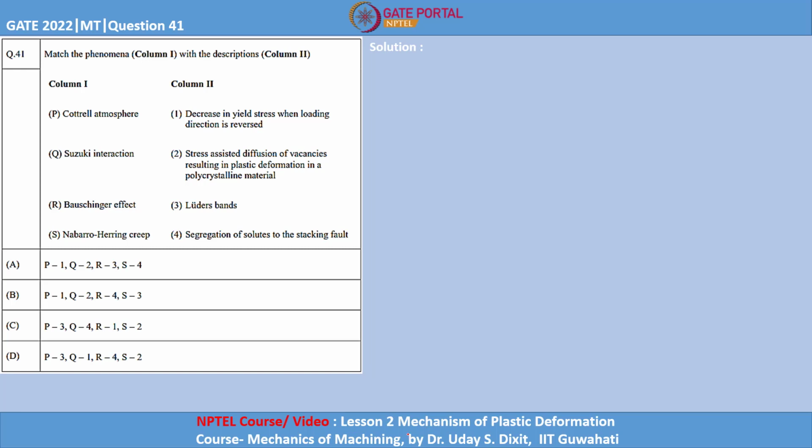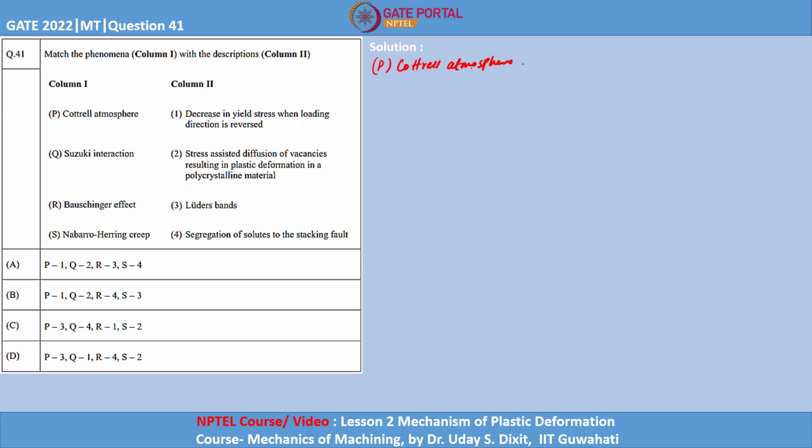So now let us go one by one from column 1, and then we will finally match the right explanation in column 2. The first term mentioned here is Cottrell atmosphere. Let us understand when this type of atmosphere is created.